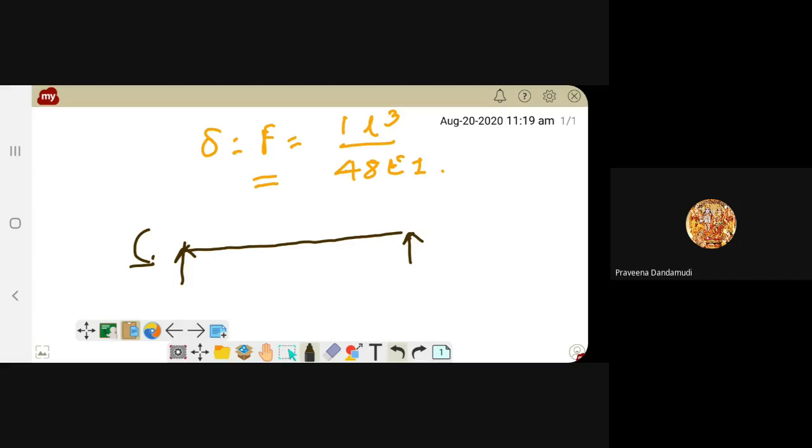For finding out the slope, I just want to add a unit moment, that is, moment equal to unity. When I apply the unit moment at this particular location, you will get this type of deflected profile of your beam, and this theta is nothing but the slope.